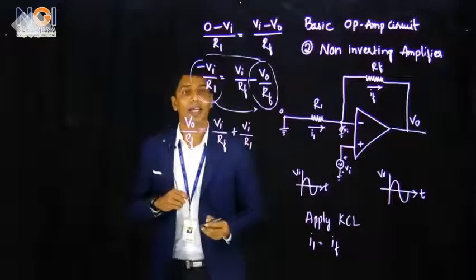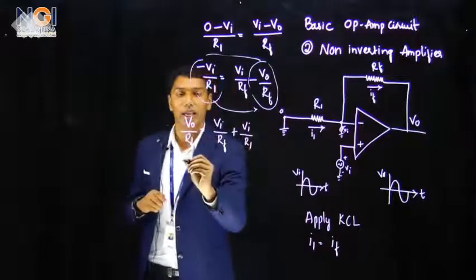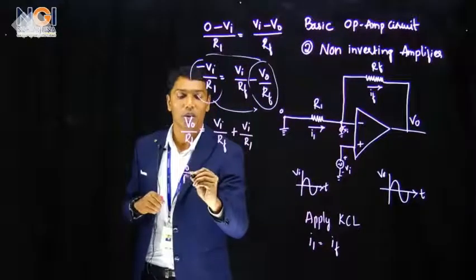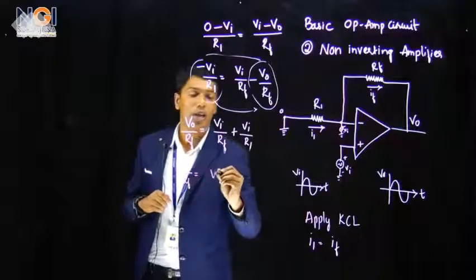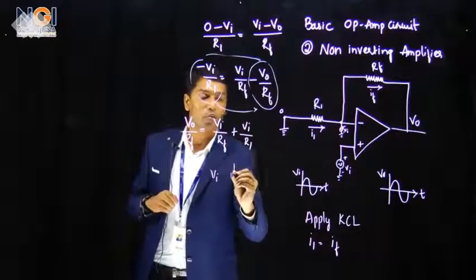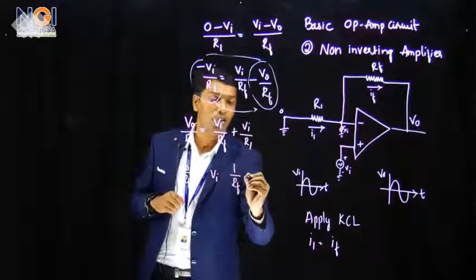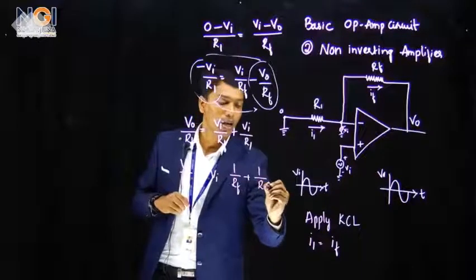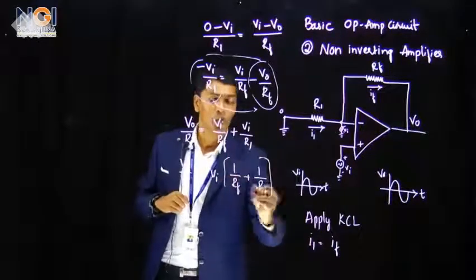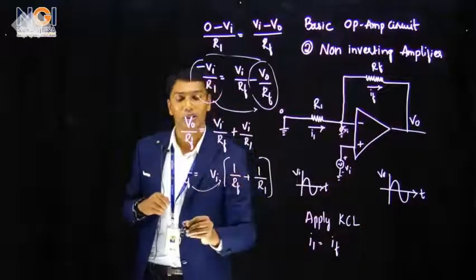Now I can take V in outside. V out divided by RF is equal to V in times 1 divided by RF plus 1 divided by R1. I will send this RF to this side.